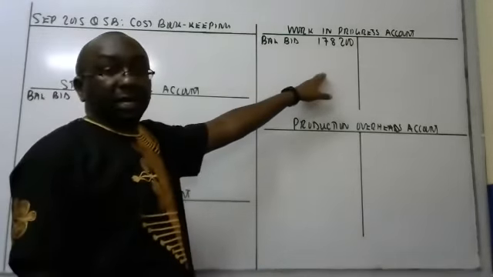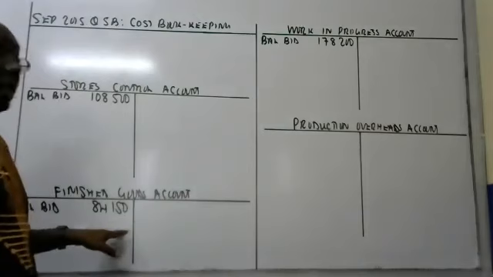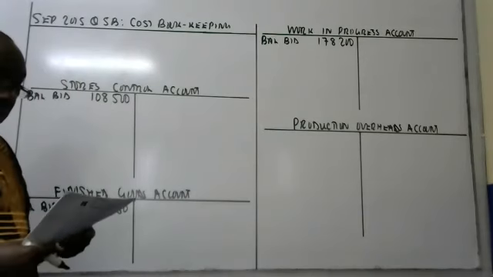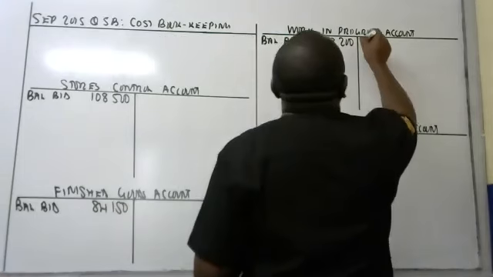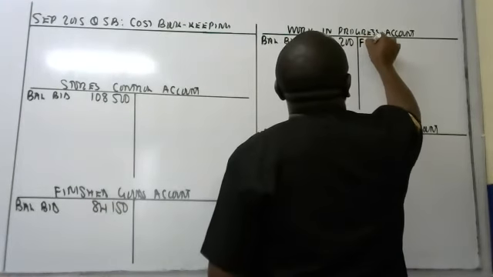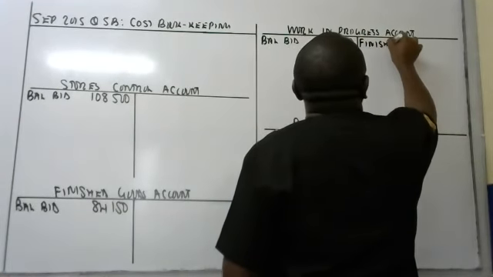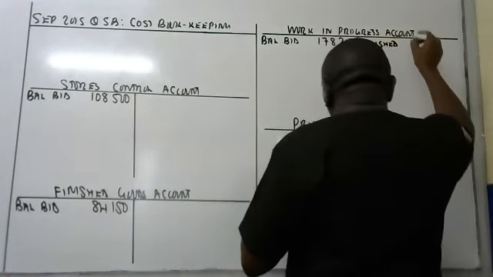You finish them here and you remove them here, you take them to the finished goods account. So we will go to the work in progress and credit it because of the finish, and we record 1,024,100.